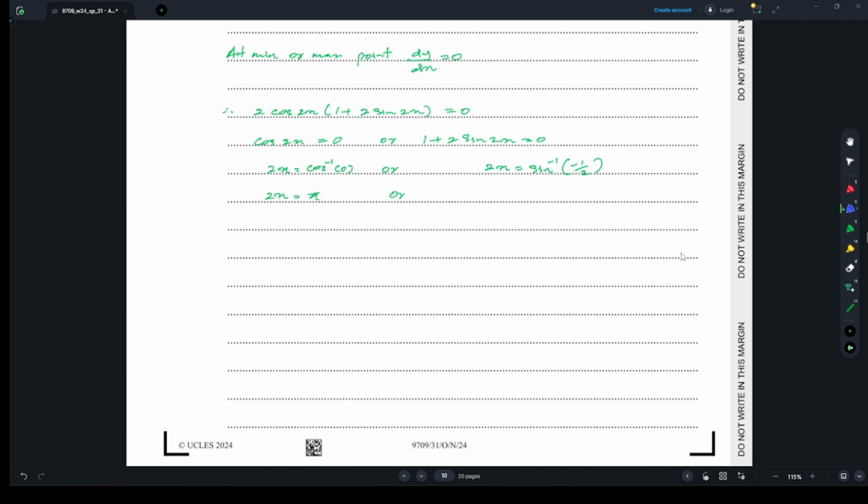So I will just quickly draw the sine graph to have an idea. Okay, so sine 0 is 0, so it goes like this. And here we had 2x is minus half, so let's say minus half is here.